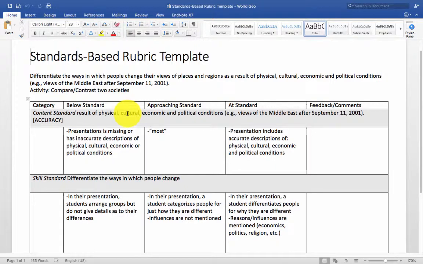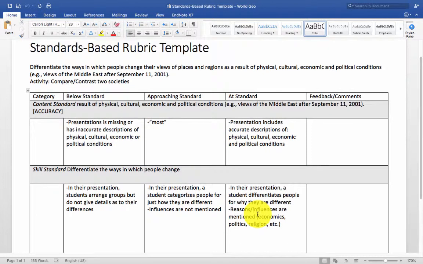Now, in our process, I said we're always going to start at the standard. So what we did was, in the idea of creating some sort of compare-contrast presentation, whether that be a video or keynote or in-person presentation, we started by using that verb in our standard, but we even expounded upon it even further.